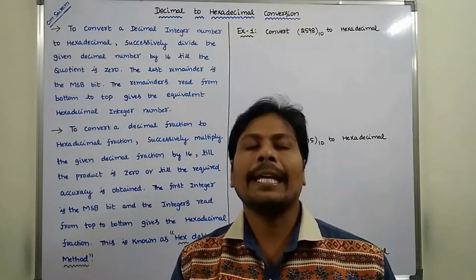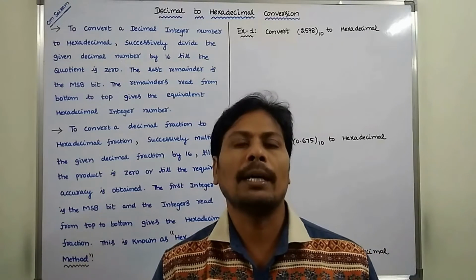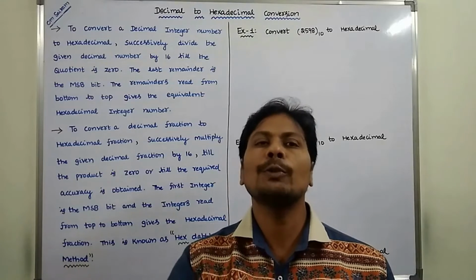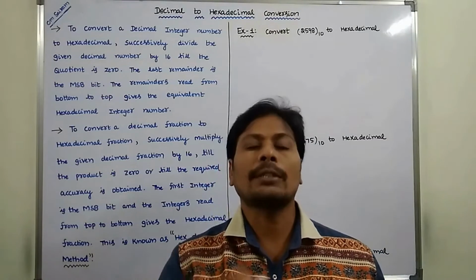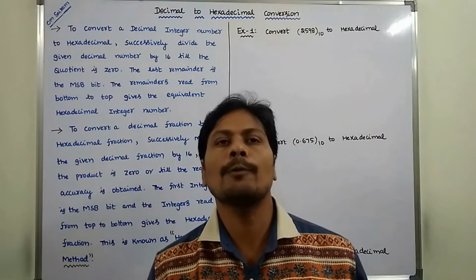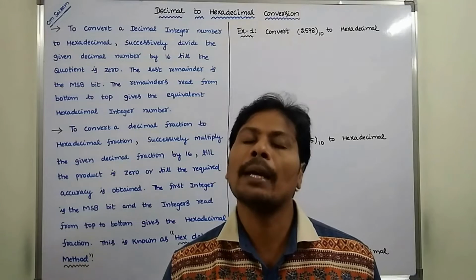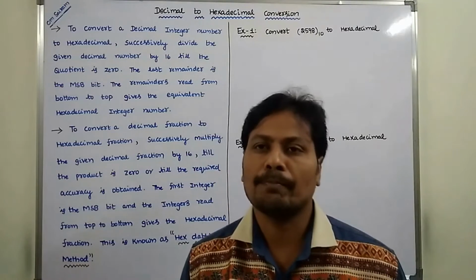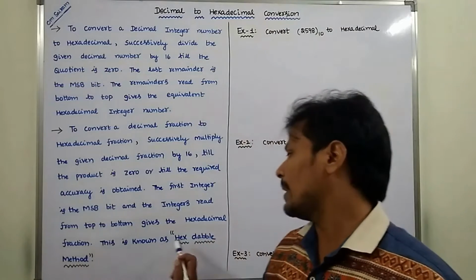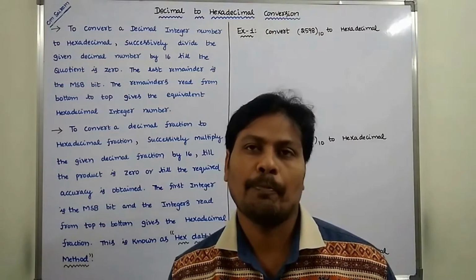Once we get the fraction value either 0 or a repeated number, then we have to write the integer numbers from top to bottom. That gives the equivalent hexadecimal fraction number for the given decimal fraction number. Okay, so this method is also called the hexadecimal method.